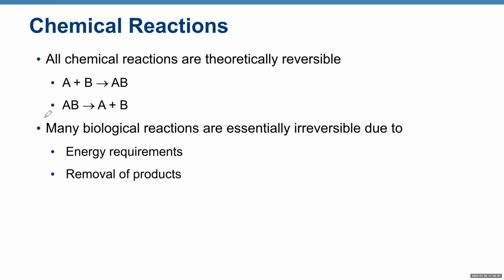So many biological reactions are essentially irreversible due to an energy requirement and removal of products, right? So theoretically, they're reversible. But when we're talking about living cells, many will not be reversible. So either cells don't have energy to do it, or products are removed, so you cannot go backwards.